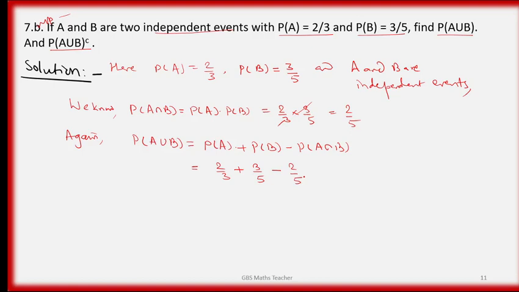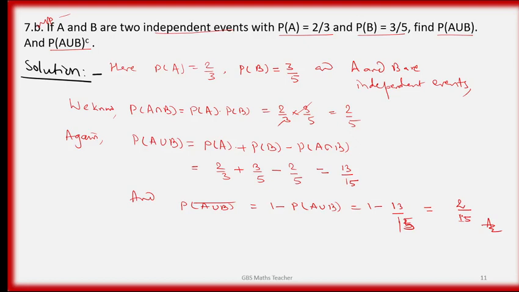By solving, we get 13 by 15, and probability of A union B complement equals 1 minus 13 by 15 equals 2 by 15. Answer. It is not a very tough question, but you have to remember this condition.